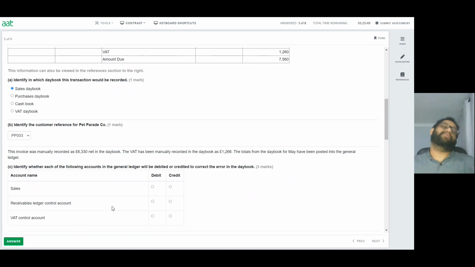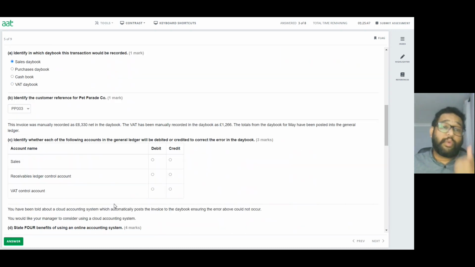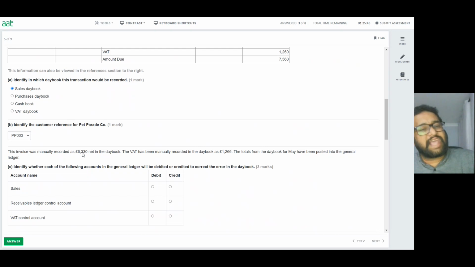But then again, they didn't ask you about the amount. They want to know whether there will be a debit or credit entry. On the sales account, the amount would be 30 pounds higher on the credit side, so to remove it, we have to debit the sales account. Similarly, the VAT account was credited 1,266, which is 6 pounds higher, so to remove it you have to enter that on the debit side.